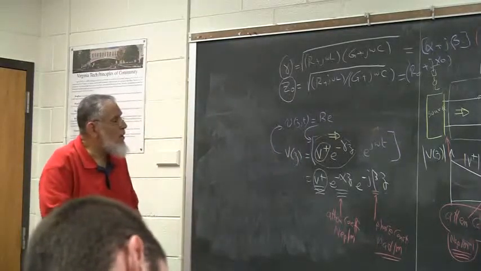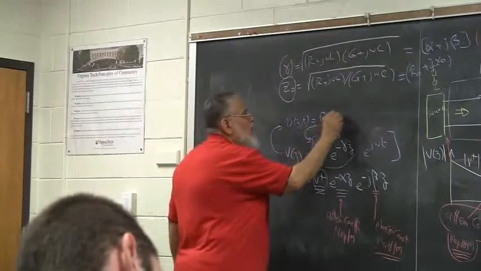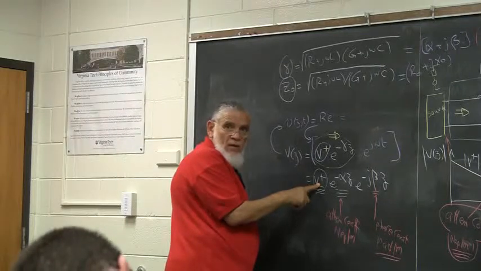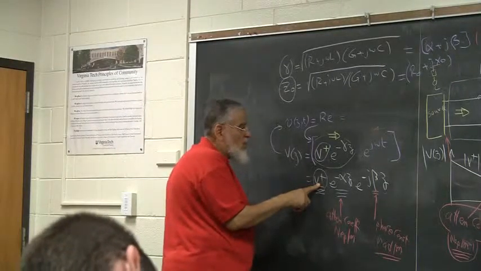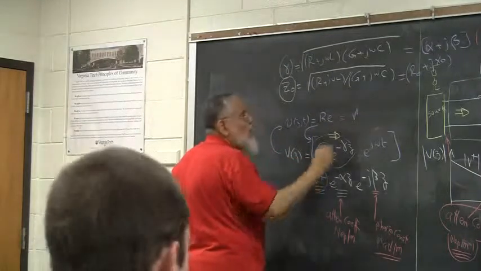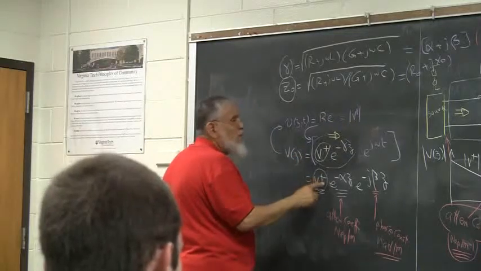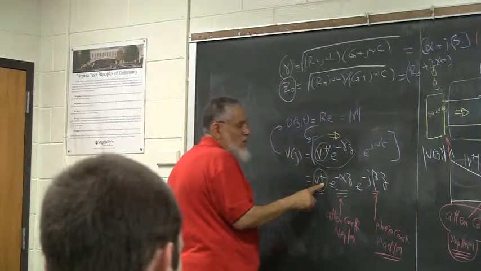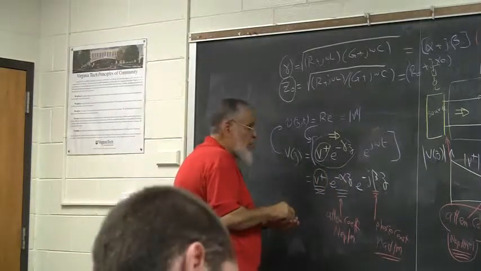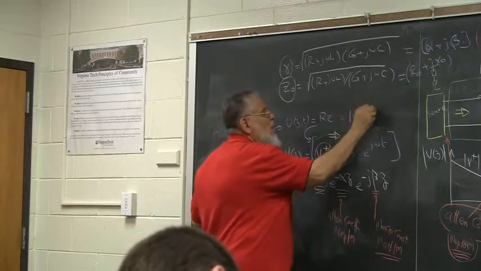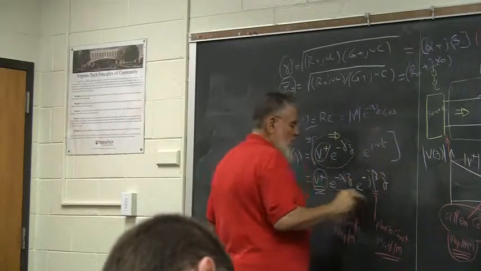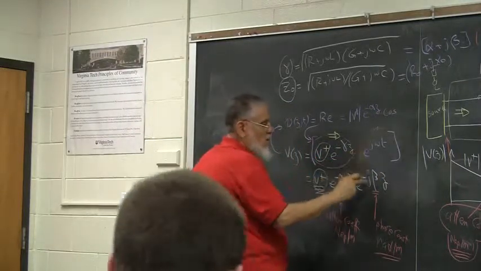So obviously that becomes V plus magnitude, and you take the phase of that as e to the j phi plus, and the real part is going to be e to the minus alpha z, and then you have cosine omega t minus beta z.